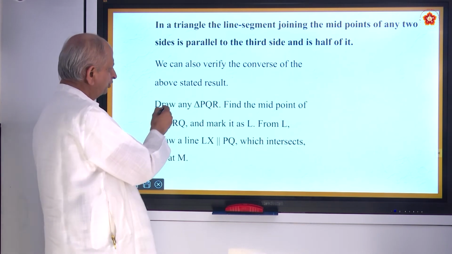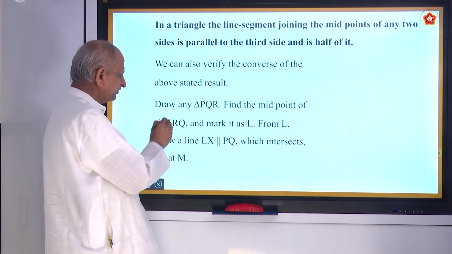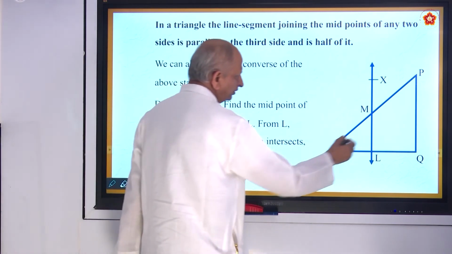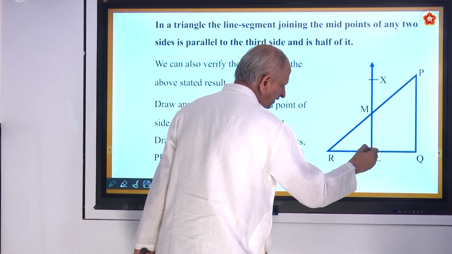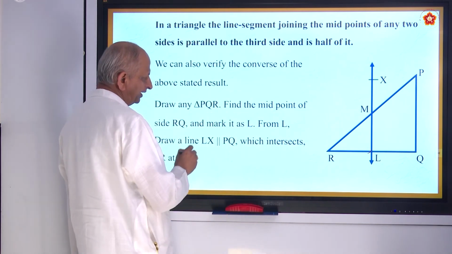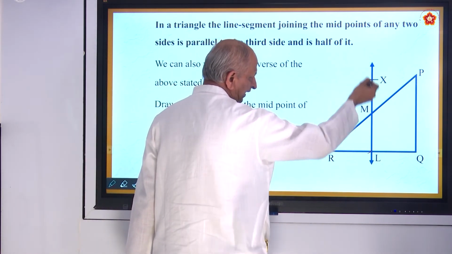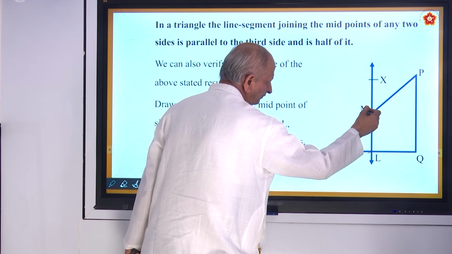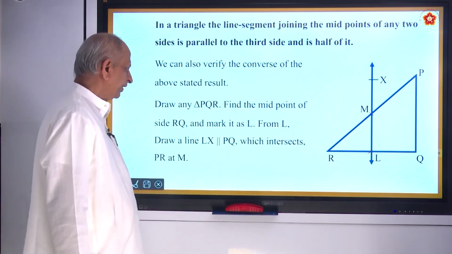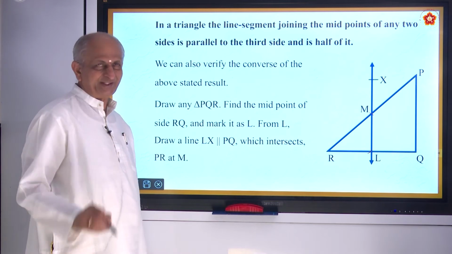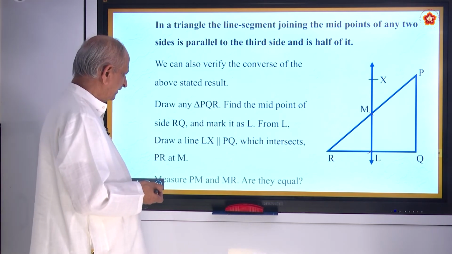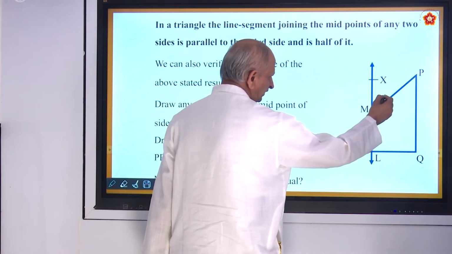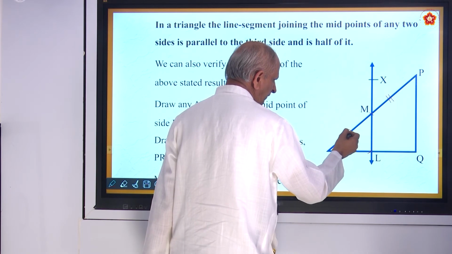So, draw any triangle PQR, find the midpoint of the side RQ, mark it as L. So, draw a triangle like this, mark the midpoint as L. Then draw a line LM parallel to PQ, which intersects PR at M. So, this intersects here. So, what do you get? It is just the reverse of it. You measure PM and MR. You measure it, PM will be equal to MR.